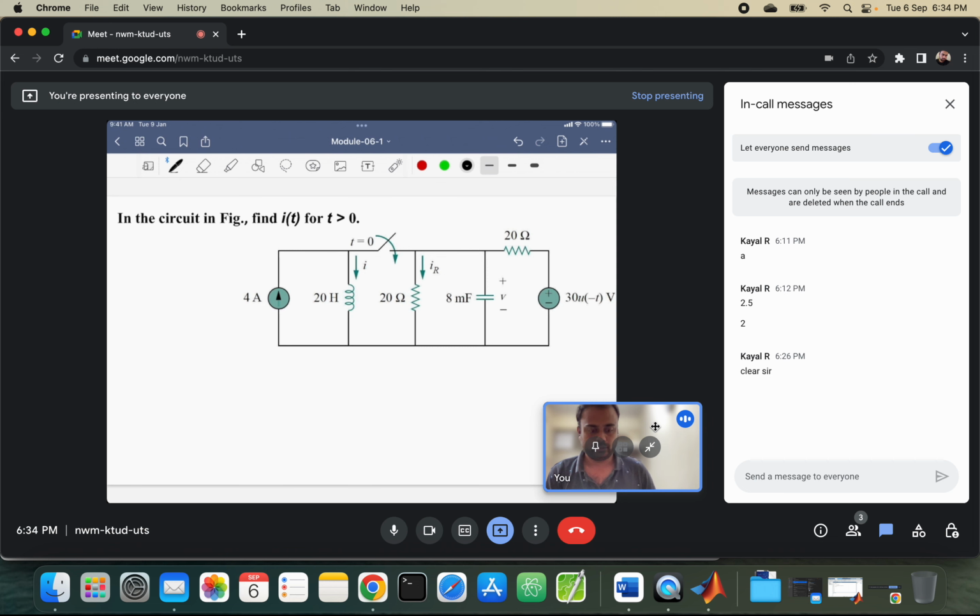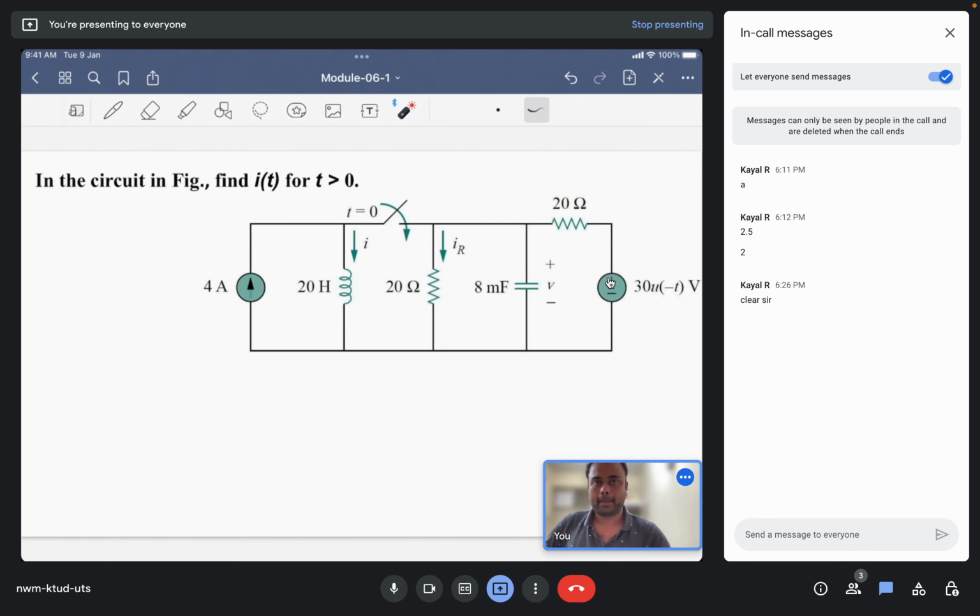So in this question, a circuit is being given. In the question it says, in the circuit in the given figure, find I of t, that is the current through the inductor. So this current we have to find. So let us first of all write the initial conditions.